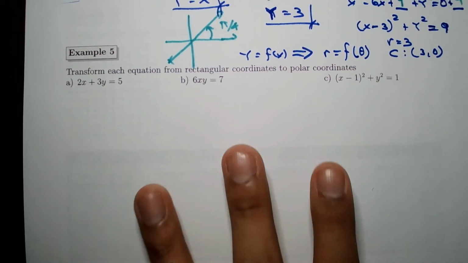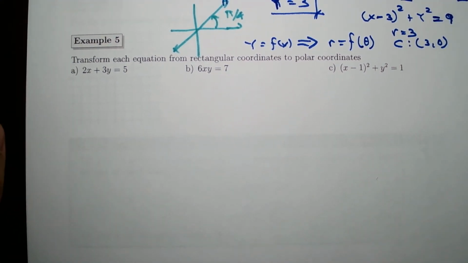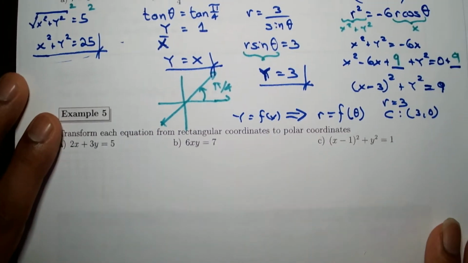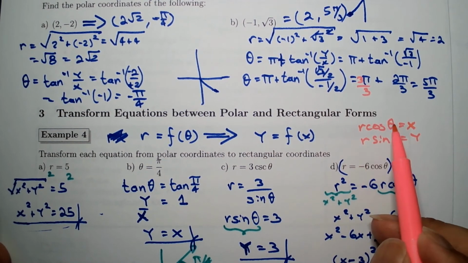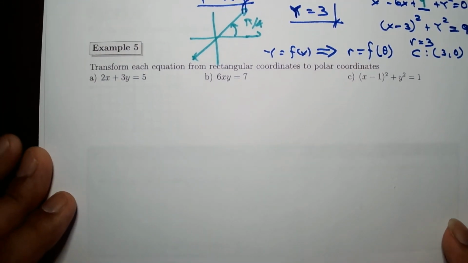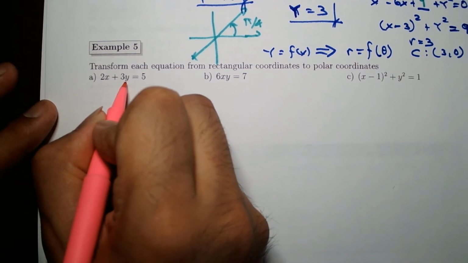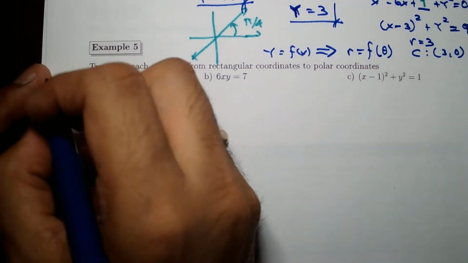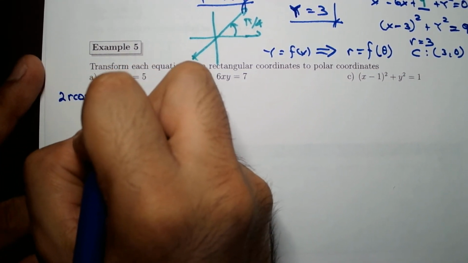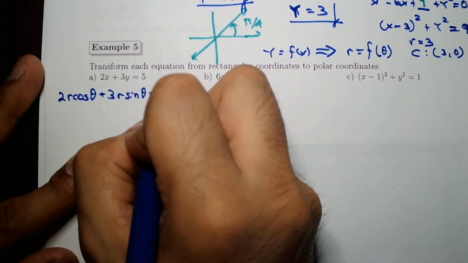The tools that you want to use here are that x equals r cosine theta and y equals r sine theta, amongst other algebraic techniques. So replace x with r cosine theta, replace y with r sine theta. So 2 times r cos theta plus 3 times r sine theta equals 5.